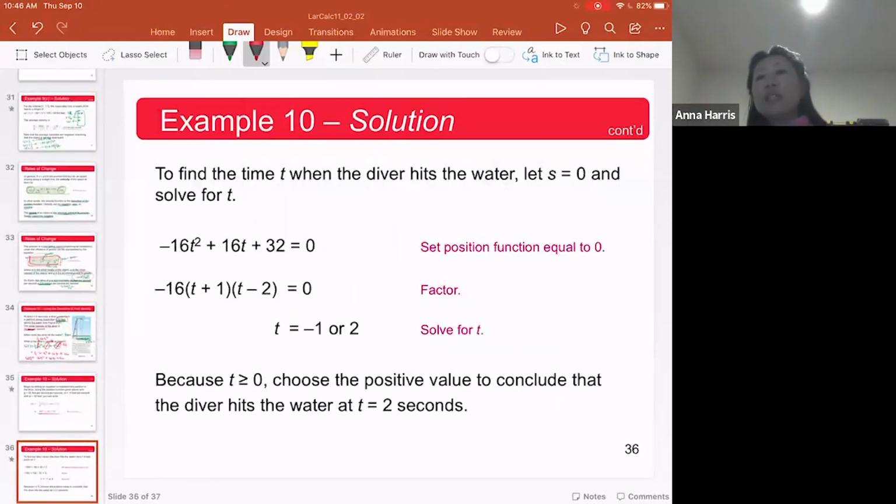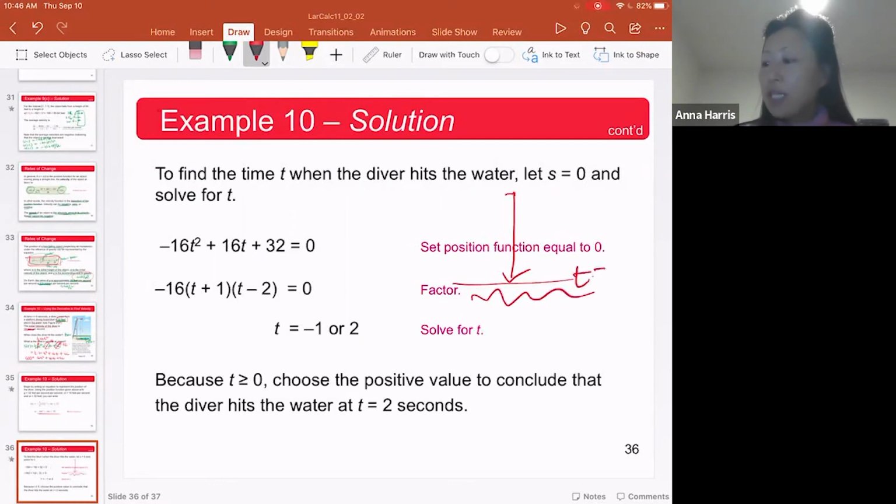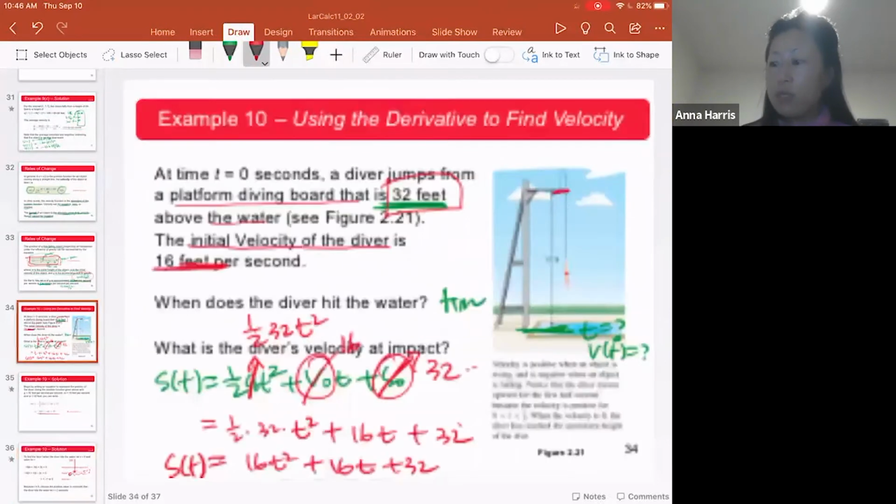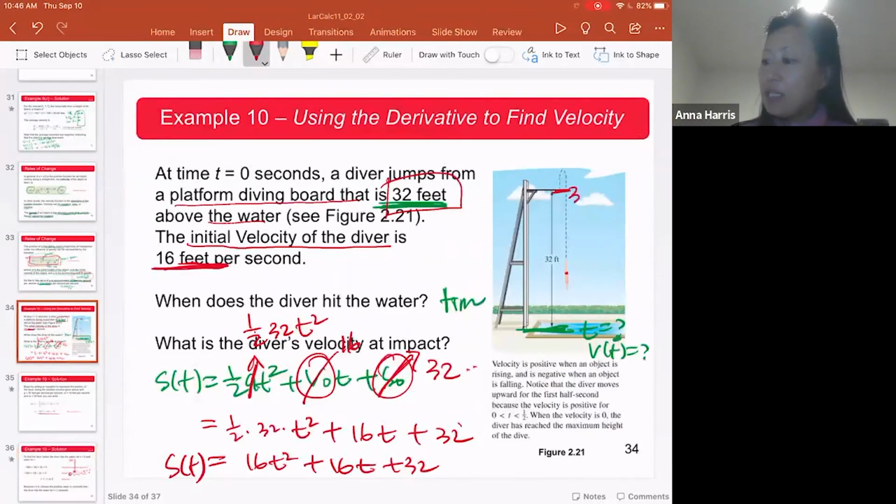Now, next thing. Remember, we want the diver to come down here and touch the water. I need to know what that t is equal to. I've got to figure out what t equals, but my position used to be 32. But when you come down all the way here, what is my position? Position becomes 0, isn't it? Look at this graph. Right now, this height is 32. But when the diver comes down all the way here, what is my height? It will be 0.